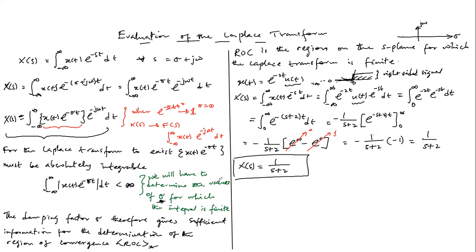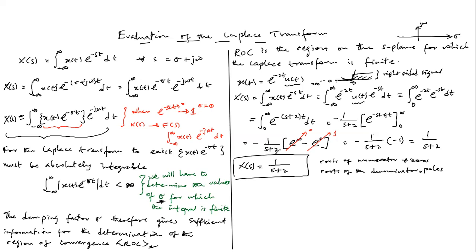But when the Laplace transform is a rational fraction, then the roots of the numerator are referred to as the zeros, while the roots of the denominator are referred to as poles.